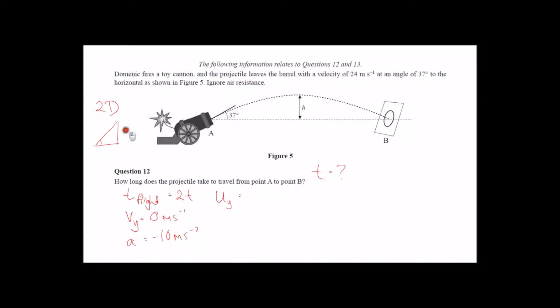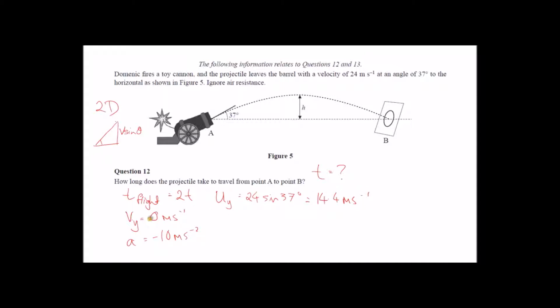We're talking about sine theta, so v sine theta is going to give us the value that we want there. So we've got 24 meters per second times sine of 37 degrees, which is 14.4 meters per second upwards.